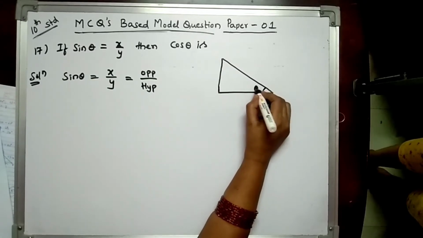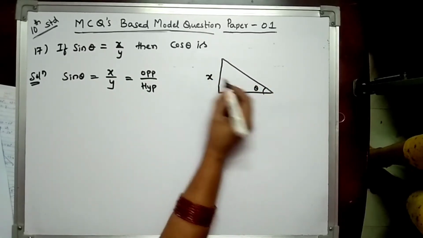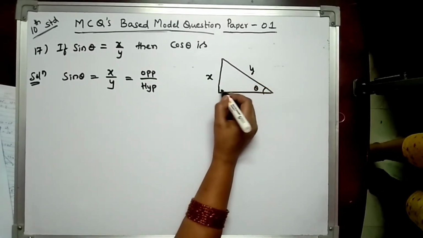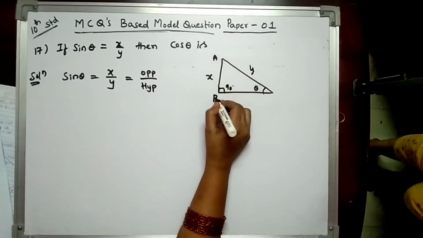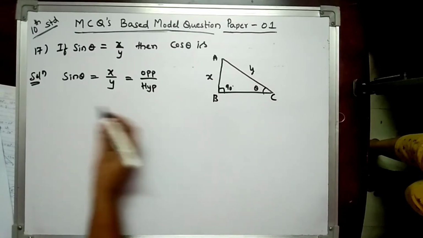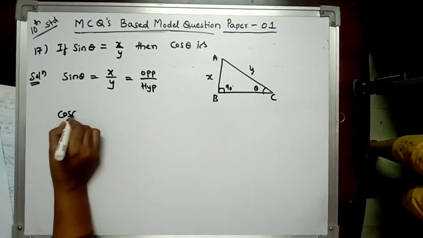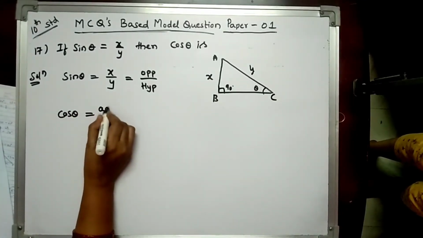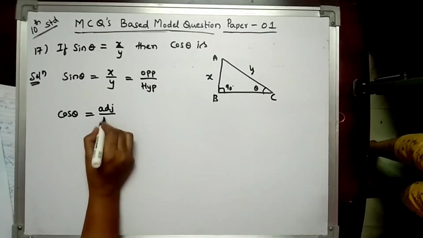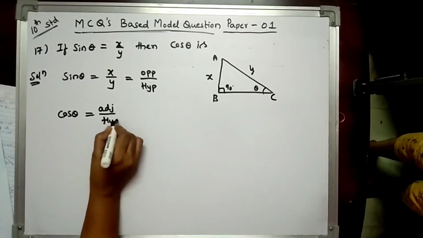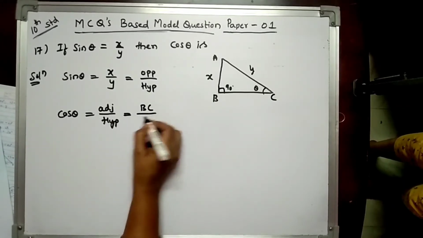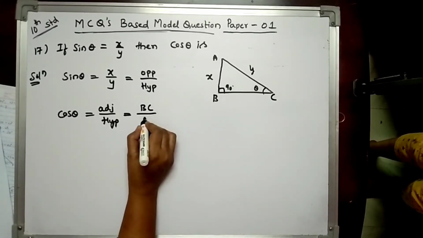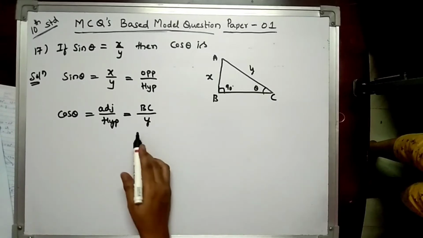It is theta, opposite side is x and a hypotenuse, it is a 90 degree. So A, B, C. Now cos theta is adjacent by hypotenuse. So adjacent side is BC. Hypotenuse is y, but we don't know BC.